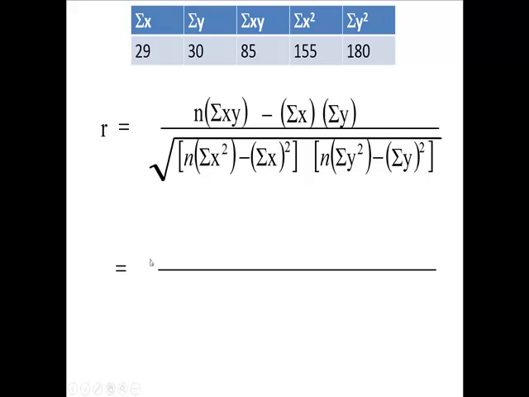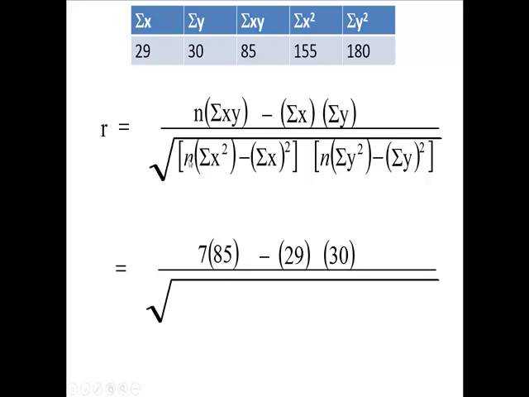So now we need to fill in the values here. It's going to be 7 times 85, minus the sum of x, which is 29, times the sum of y, which is 30. So we're going to do 7 times 85 and then subtract the product of these two.